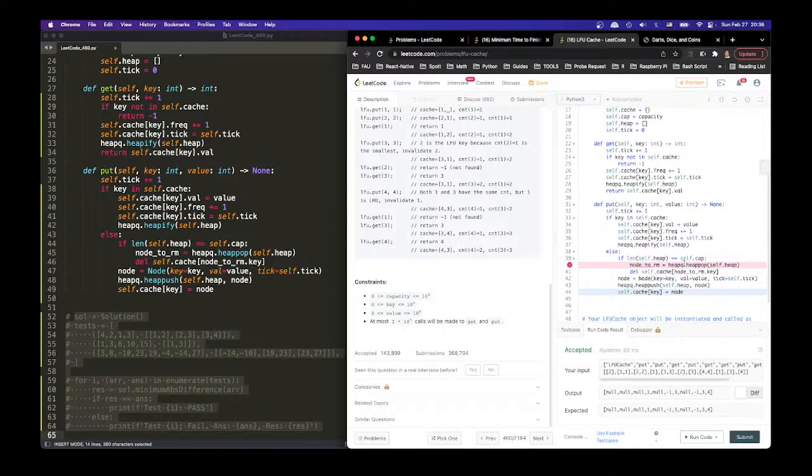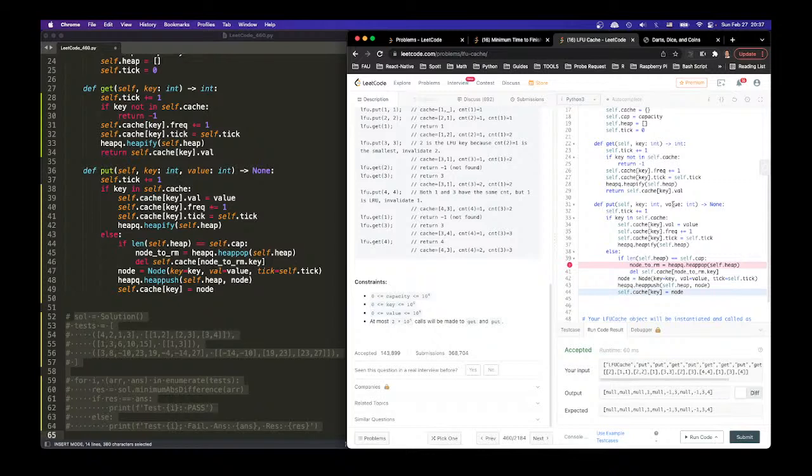So that's a special case. Capacity is 0. Because this, we always think we have capacity. If it's 1, then we can always add a node to it. But capacity 0 is just cannot do.